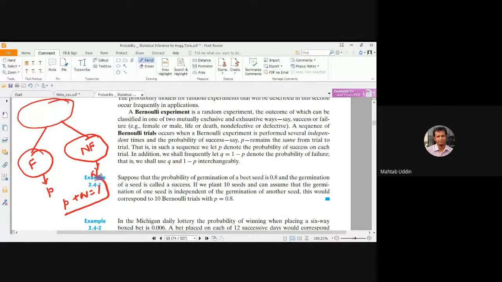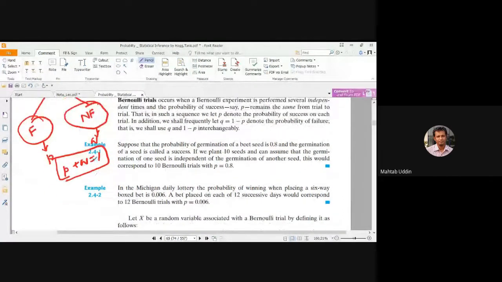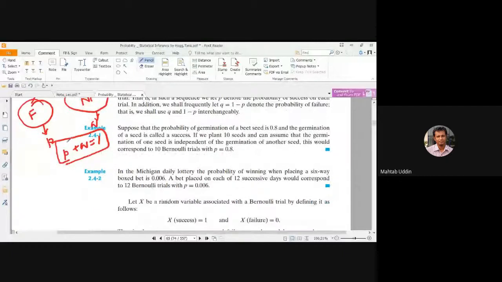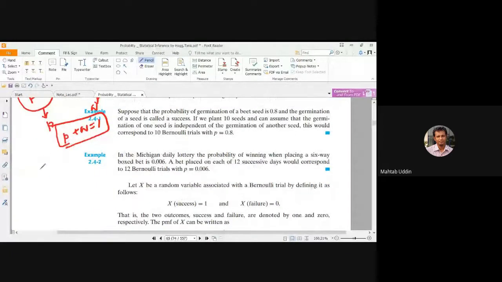You understand? p plus q equals what? 1.